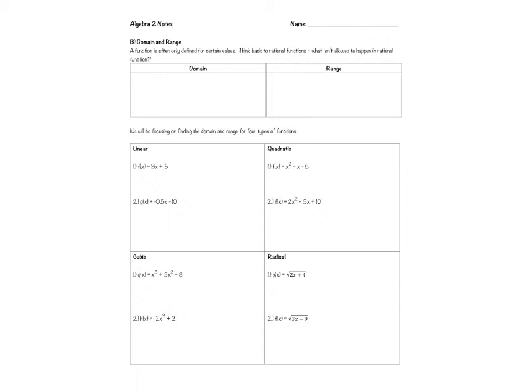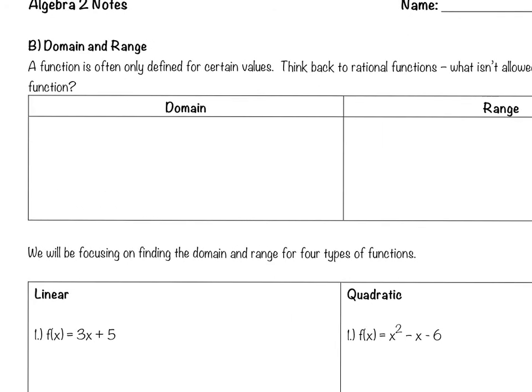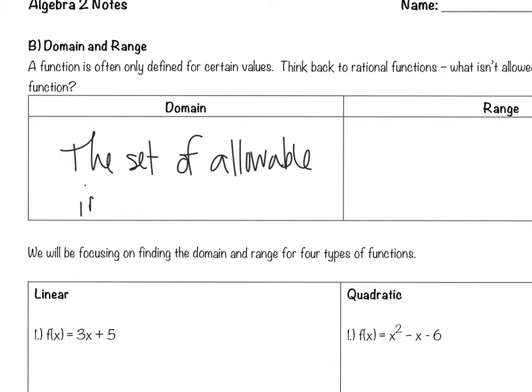Okay. So now let's look at domain and range. Here's where things are going to get a little bit more, to say, different than what you may have seen in the past. Most of you should have a basic understanding of domain and range. Domain is the set of allowable input values, or x.